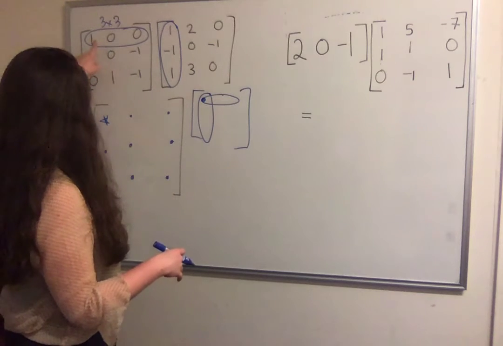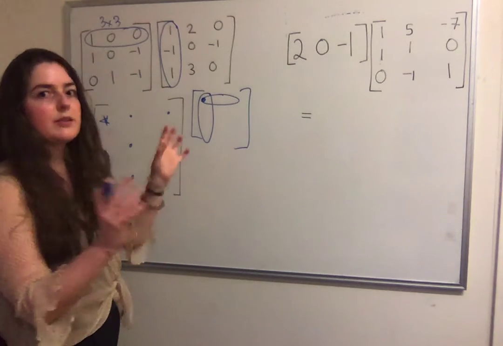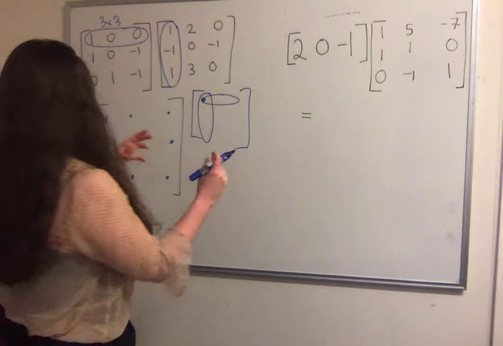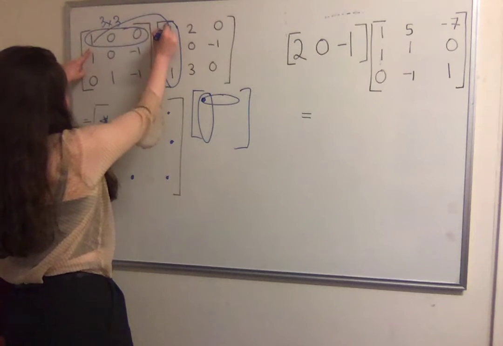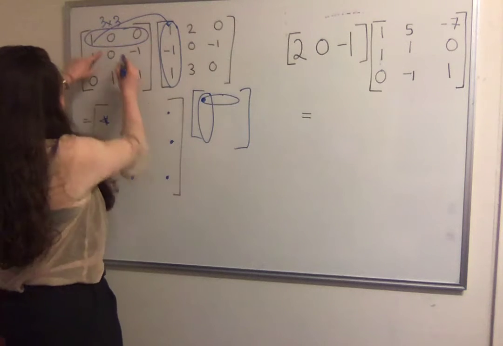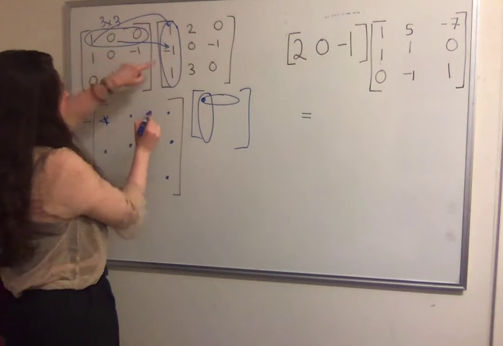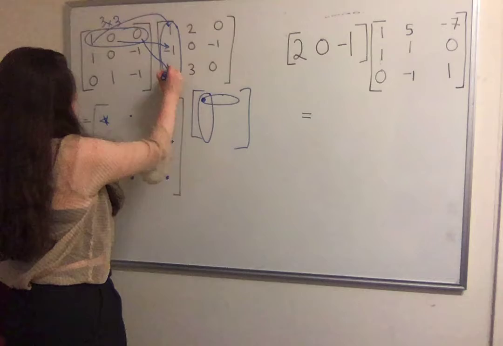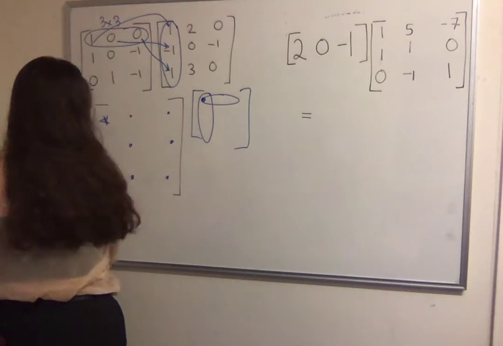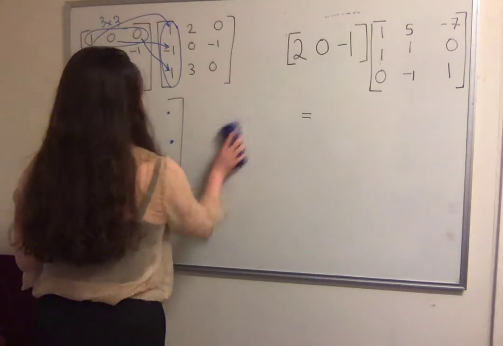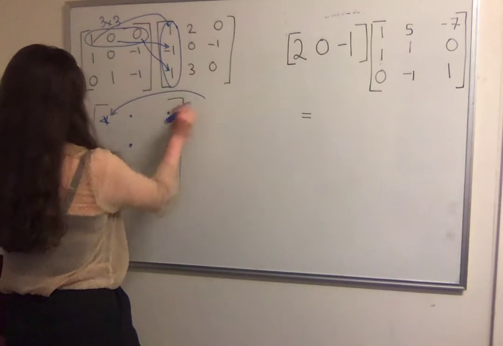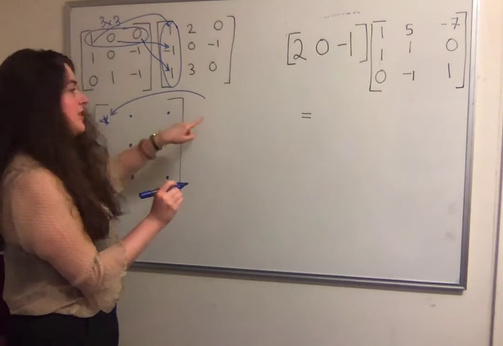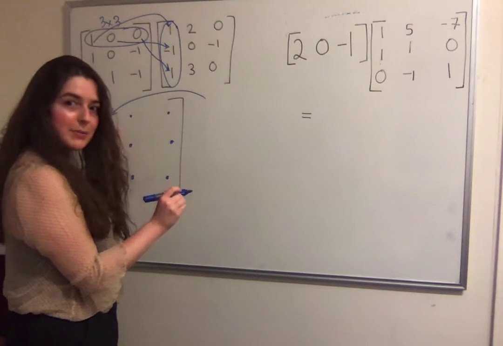The way that we do this, I like using a sort of claw diagram. So this 1 is going to be multiplying this 1, 0 multiplied by -1, and then 0 multiplied by 1. I just put that arrow there to remind you that we're going to be putting the answer into that position.